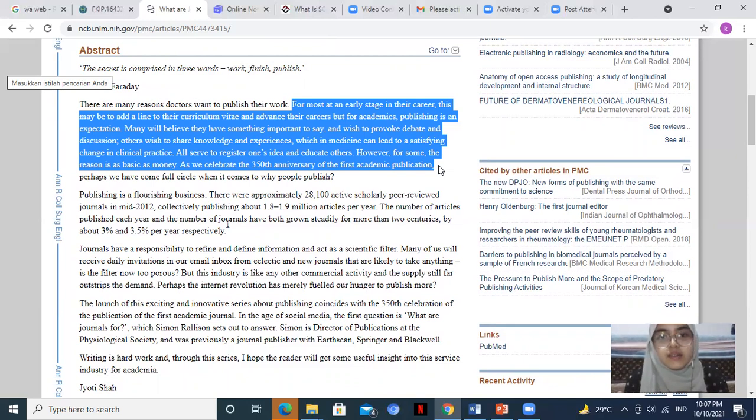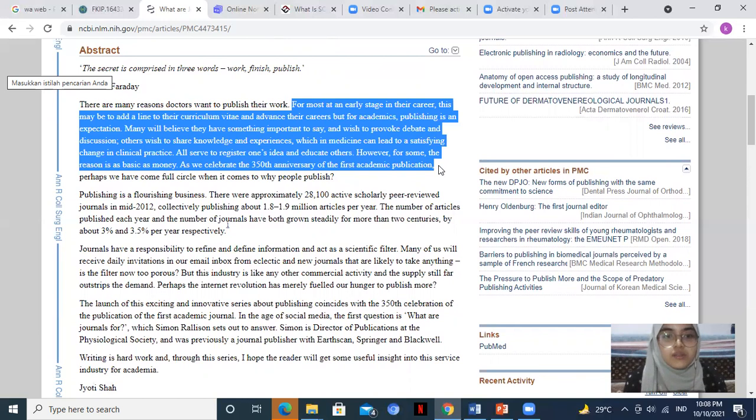For those at an early stage in their career, this may be to add a line to their curriculum vitae and advance their careers, but for academics, publishing is an expectation. Many will believe they have something important to say and wish to provoke debate and discussion.